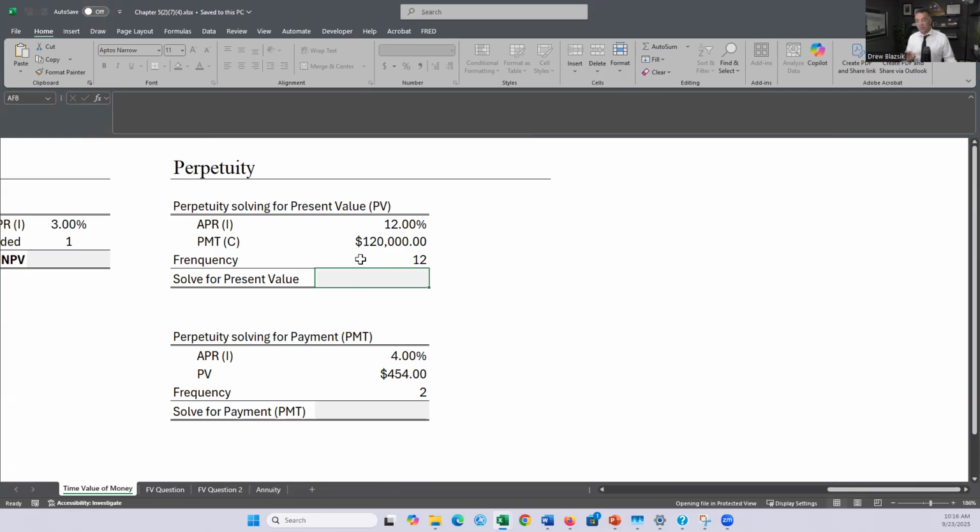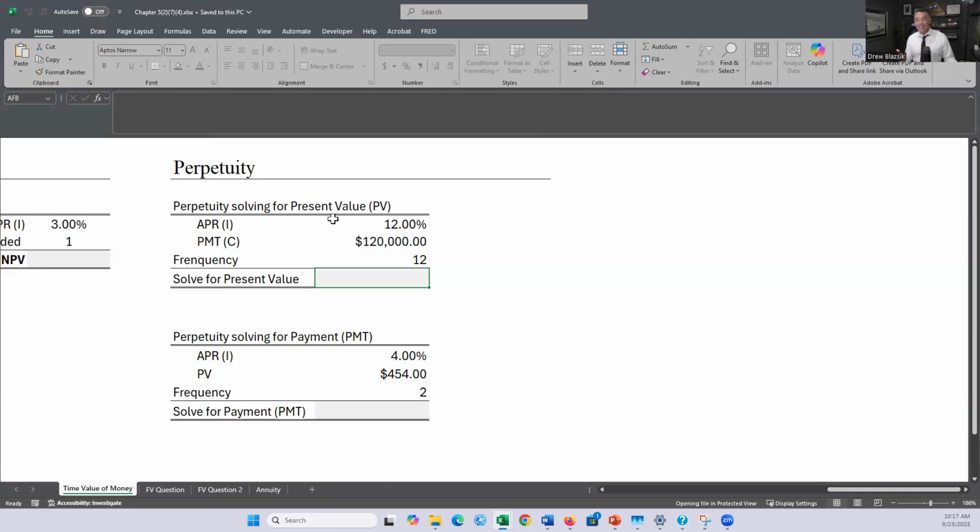So a couple of things you want to think about: the cash flow, that's the $5. The interest is how much I'm making off it. And then the present value is how much money you have to put into the perpetuity in order to get the $5. Or you can look at it this way: cash flow is equal to the interest rate times the present value, right? $100 times 0.05 would be the cash flow.